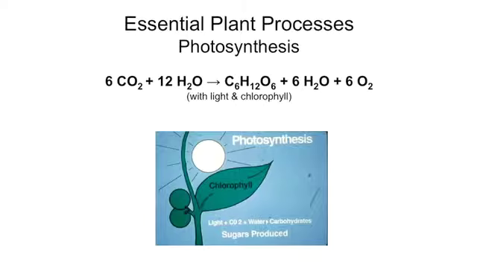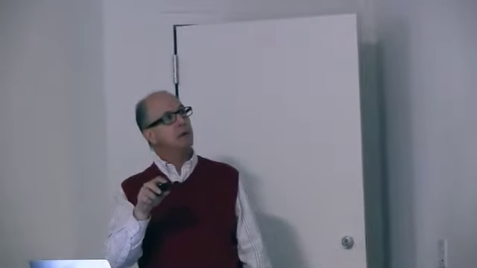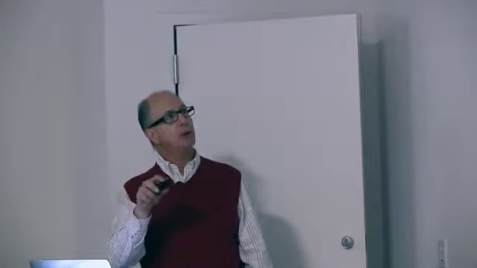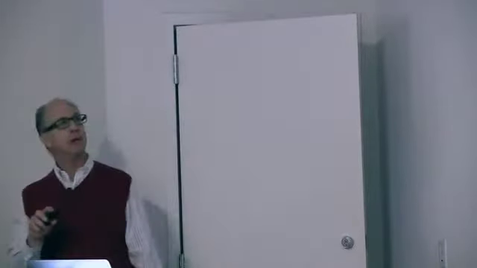We have them recombined over here into a different compound, a carbohydrate or a simple sugar, CHO. And then there's some water as well produced and some oxygen out of that process. But without these present, this equation wouldn't go forward without light and chlorophyll. Okay? That's what's unique to green plants.